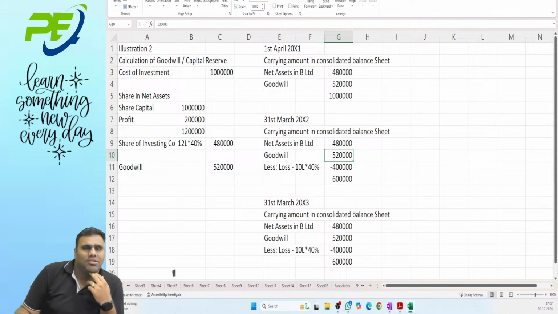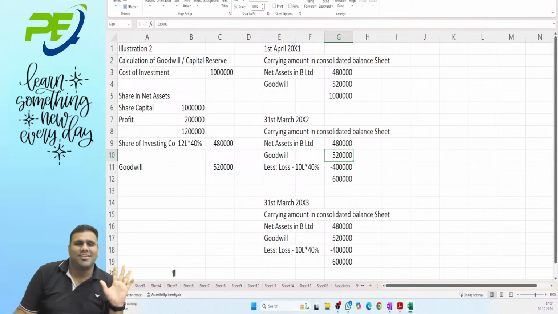Net assets. But here, whether you adjust with goodwill or with net assets, what impact does it have?